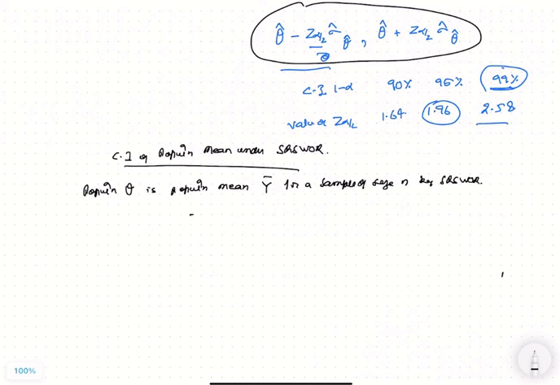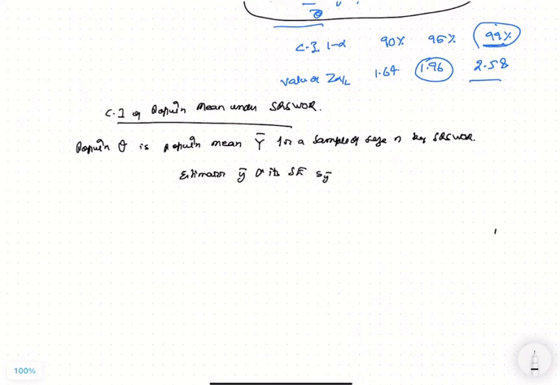Now, if the estimator from this sample is y bar and its standard error is small s y bar, then the confidence interval is given by this equation, which is y bar minus z half big S upon under root n 1 minus f, y bar plus z half big S upon under root n 1 minus f.